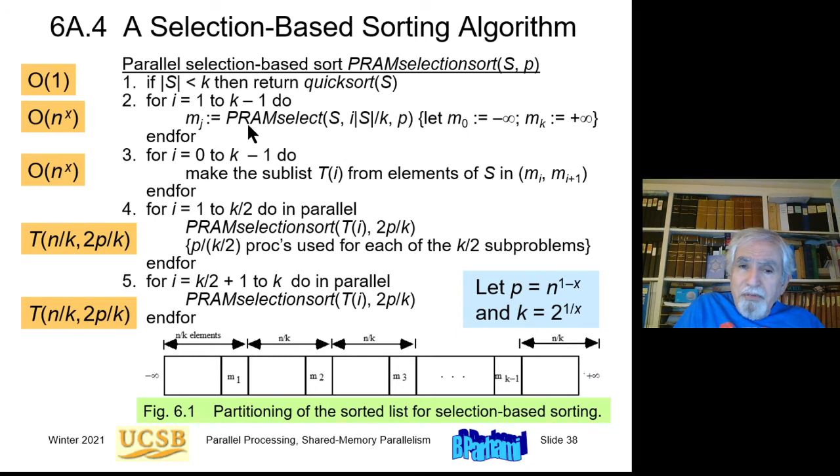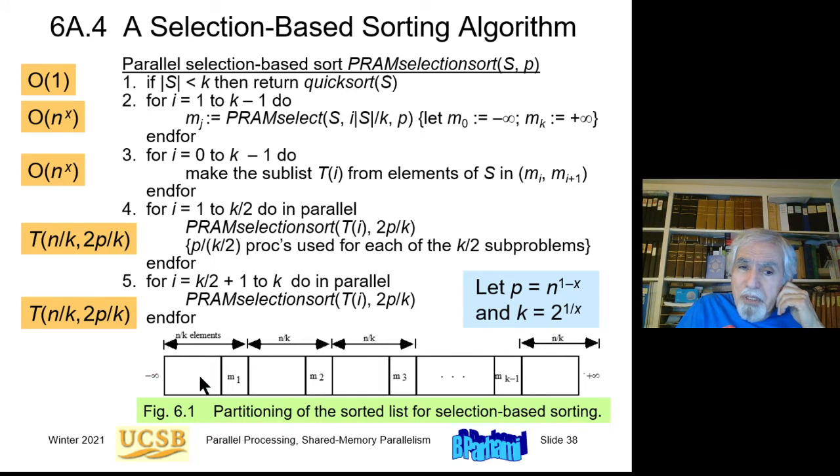Basically the strategy for this algorithm is to find a bunch of elements in the sorted list and put them in place. So for example, if I divide the sorted list, let's say it has 20 elements, into 4 parts, I find its 5th element, and maybe the 10th element, and the 15th element, and put them in place using my selection algorithm.